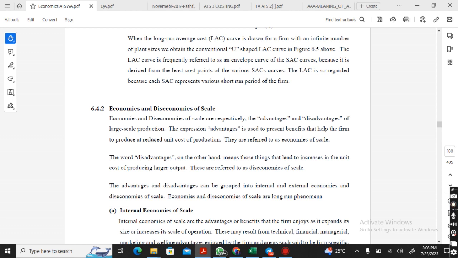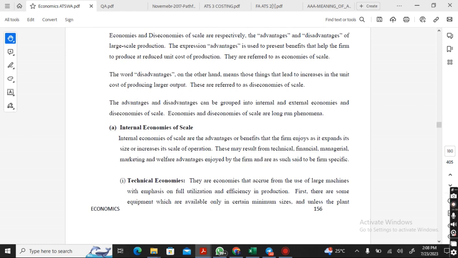So now let's look at some concepts, some phenomena of these economies of scale. Now they said internal economies of scale are the advantages or benefits that a firm enjoys as it expands its size and increases its scale of operation.